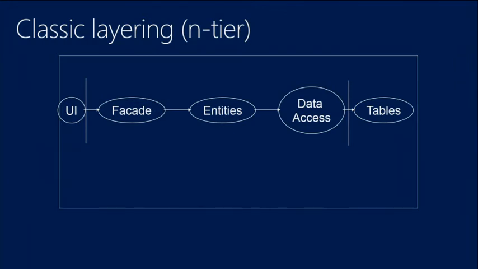I used this a lot in the past. I was very fond of it, and I actually added many more layers because it seemed the more the merrier. So the user interface actually had 3 layers, and the facade had 2, and entities maybe 1. Data access 2. The database, of course, they didn't touch the tables directly. It had public sprocs and private sprocs and views.